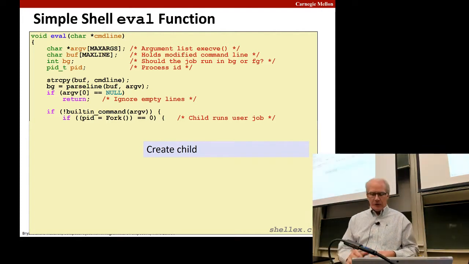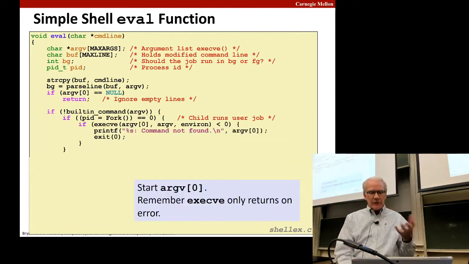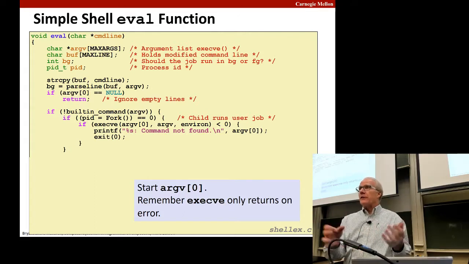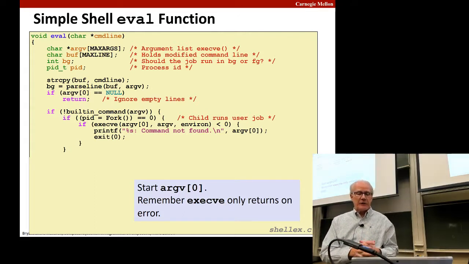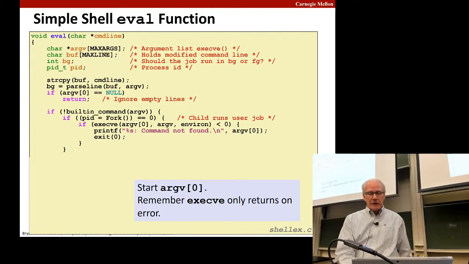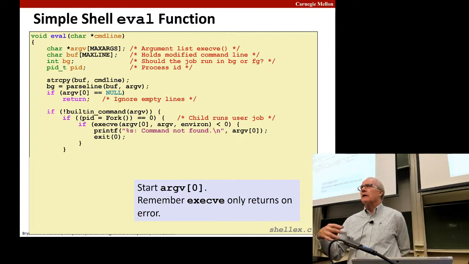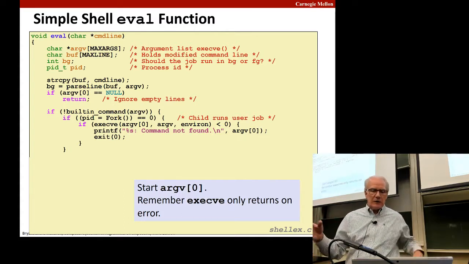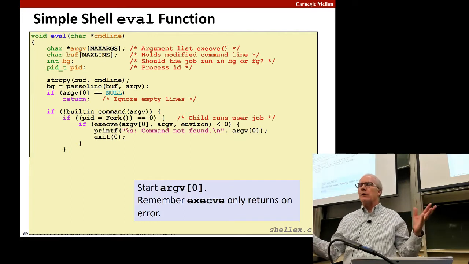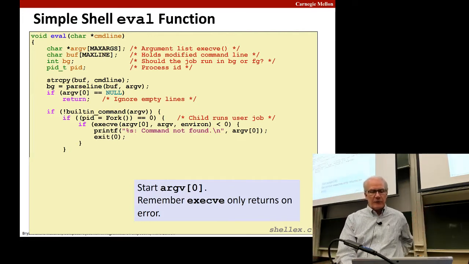So it will call fork, and just like what we said before, it will call execve on this set of arguments, using argv of 0 as the name of the file to execute. And environ is a global variable that encodes the environment variable information. Anyone can access that global variable.